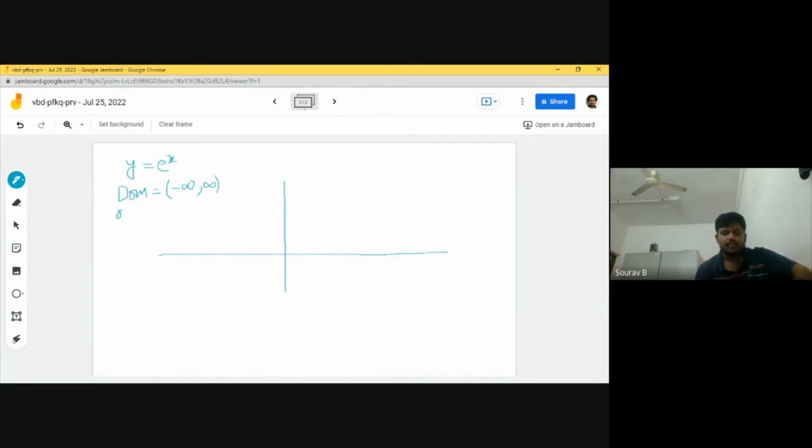Putting infinity in place of x leads to infinity. If we keep x equal to 0, then y equal to 1. So fix this point, it's (0, 1).